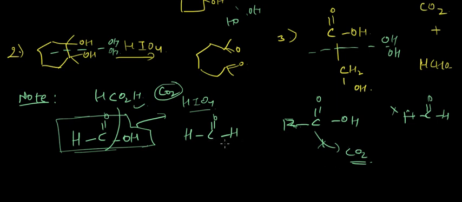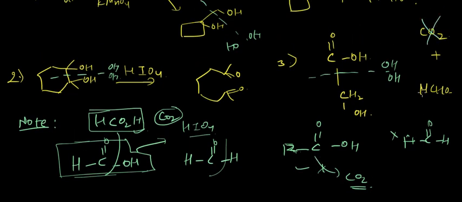Only CO2 formation would be there in case of when we will have a formic acid, not with acetic acid or number of carbons greater than or equal to 2. In that case CO2 won't be forming. So we won't be getting these products that we should have gotten ideally, as we discussed earlier, and the reason is this is not a formyl like carboxylic acid, as it contains greater than or equal to 2 carbon atoms. Hence the reaction will not take place.